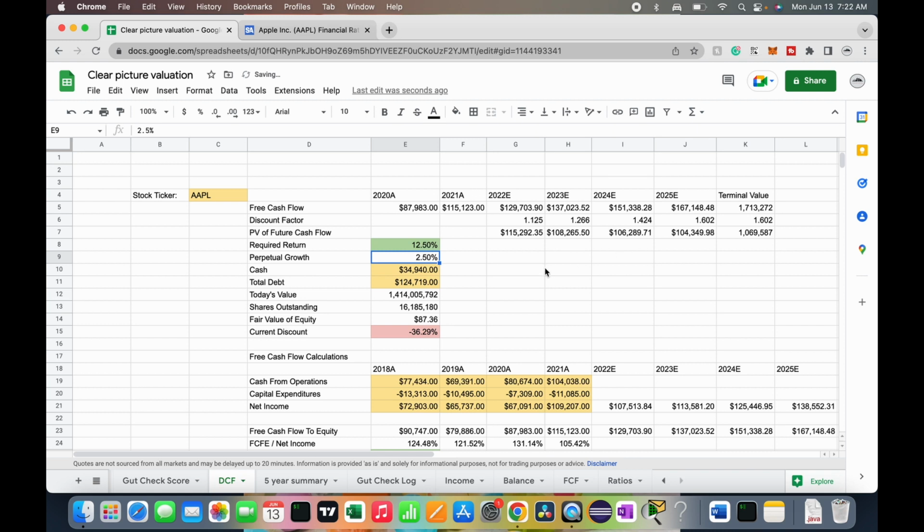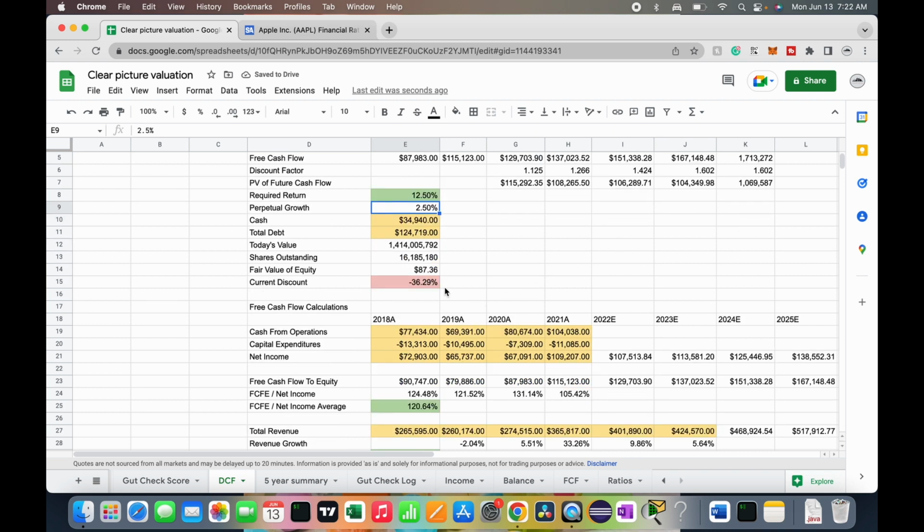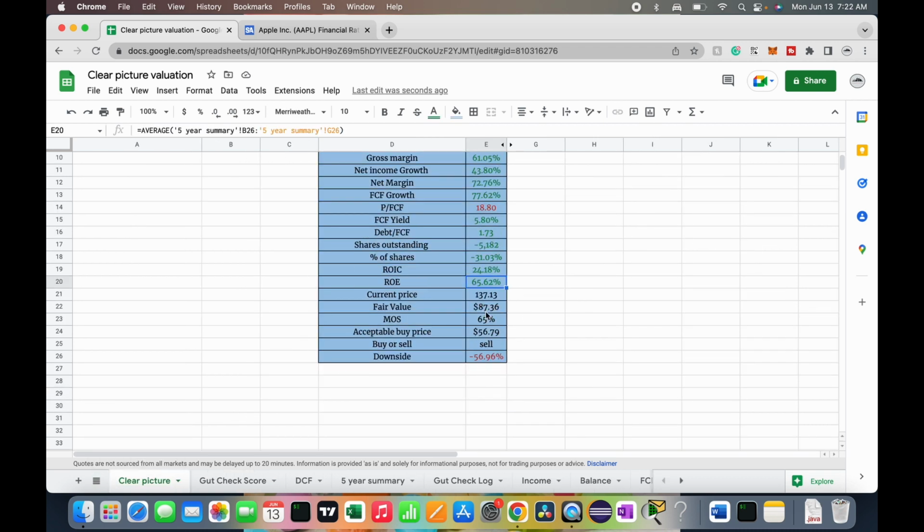But for me, Apple needs to fall about 36.3% more to reach my fair value of $87.36 for me to have a rating of buy at that rate.